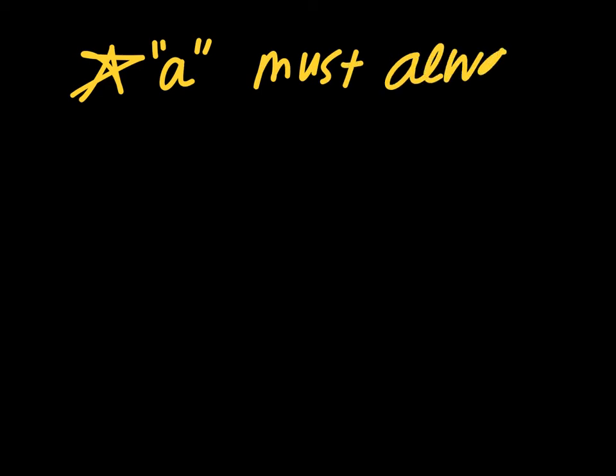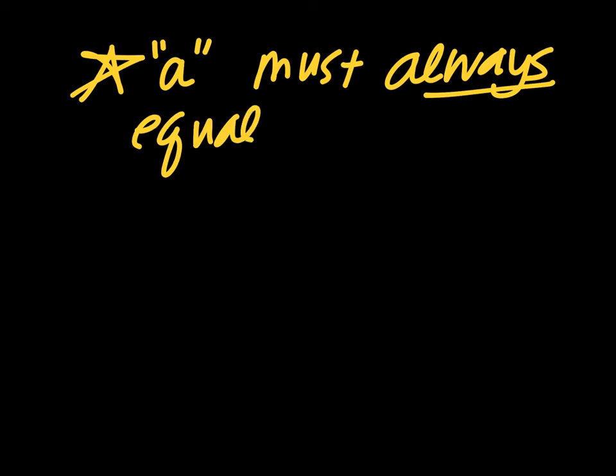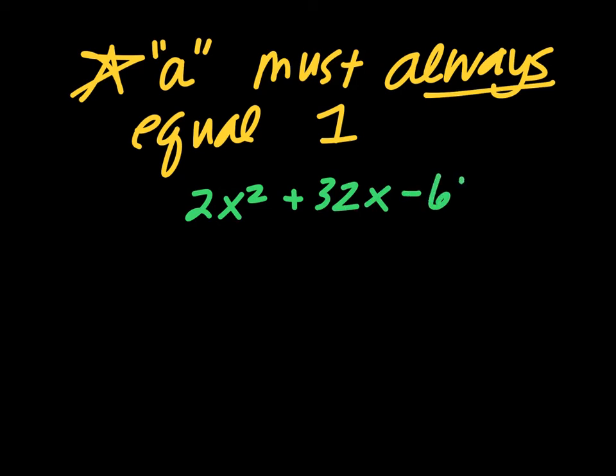The last very important thing for completing the square is that a must always equal 1. So in the last two examples, a was equal to 1. For this next example, 2x squared plus 32x minus 64, a is not equal to 1.